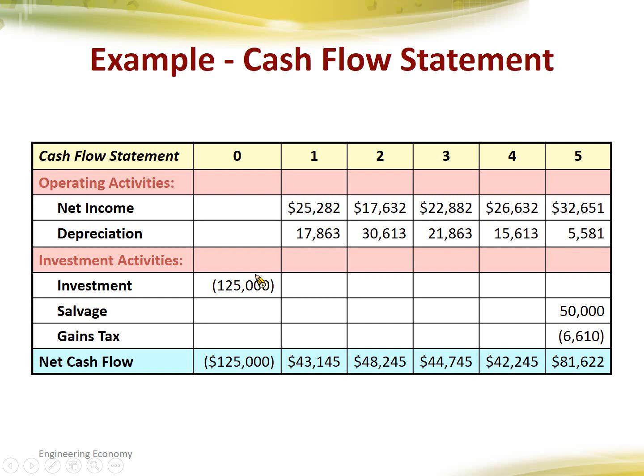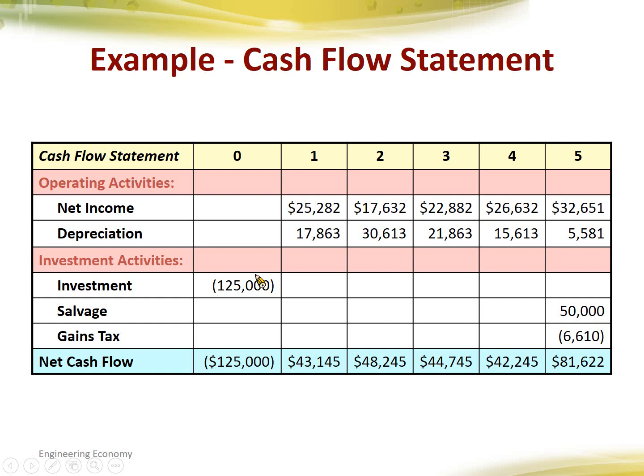It's called depreciation recapture. Because the salvage value is higher than the book value, based on the additional amount we need to pay tax, and we have computed that we need to pay 6,610 for the tax. So it is a minus term.